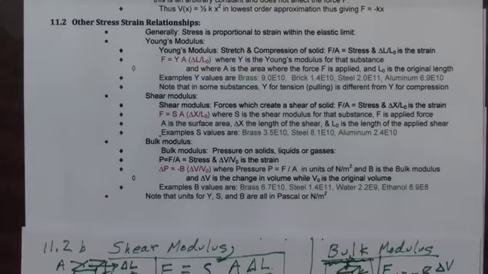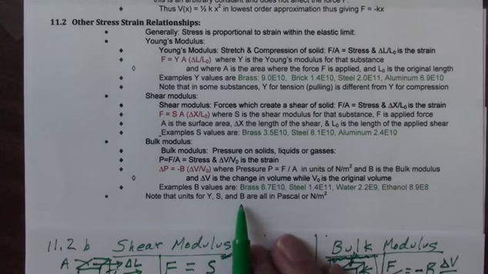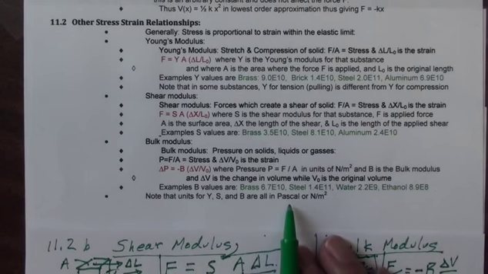Now the units for all of these constants, for Y, S, and B, are all in pascals or newtons per square meter. And you can see why that's true. This part is always dimensionless, this part is dimensionless, and therefore we're going to have a force per unit area, which is a pascal.